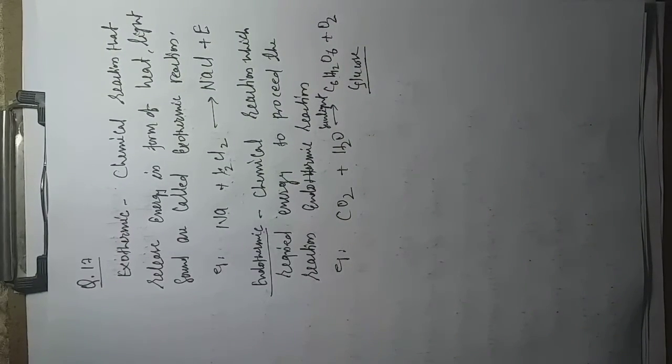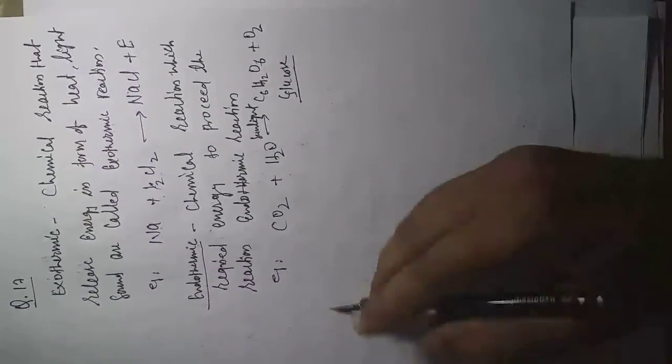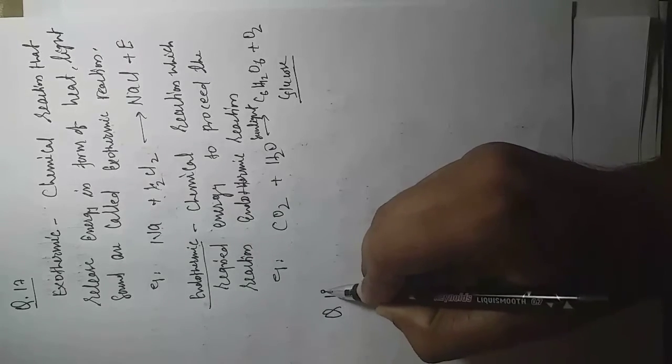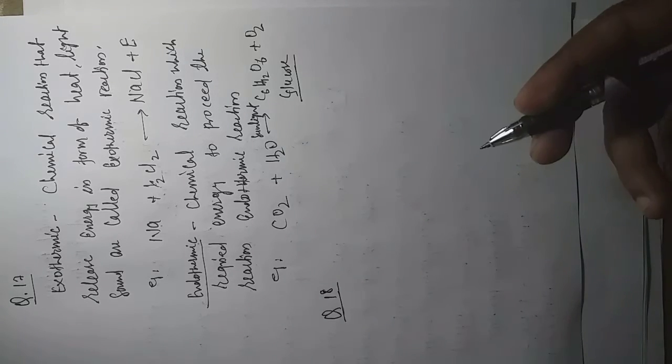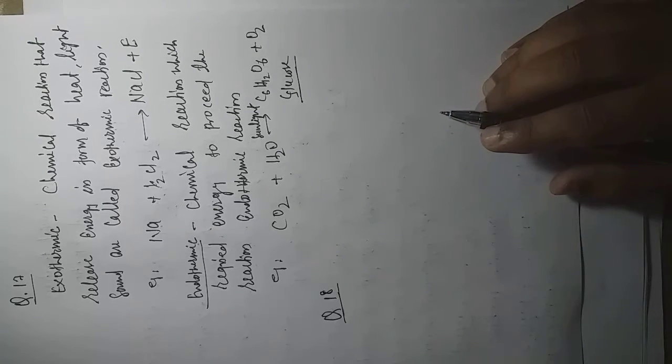Next, we have to discuss why respiration is considered an exothermic reaction. Again you have to give a similar explanation to what you have already seen here. Exothermic reaction means energy is going out, or they will provide energy, release energy. So just correlate: energy is required to support life.